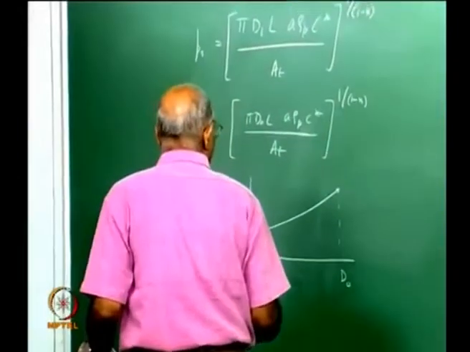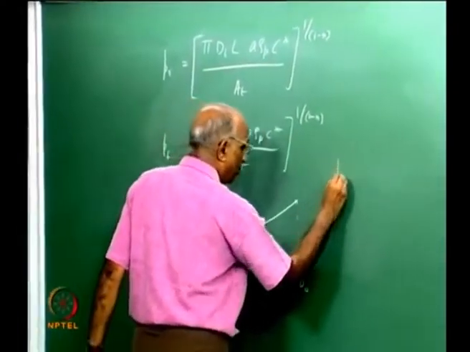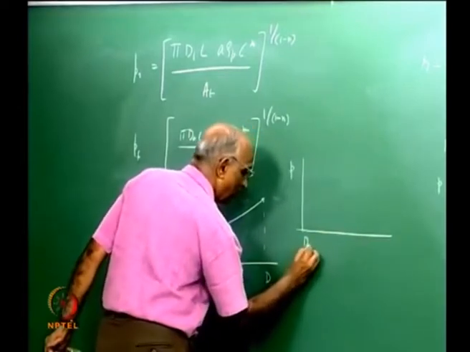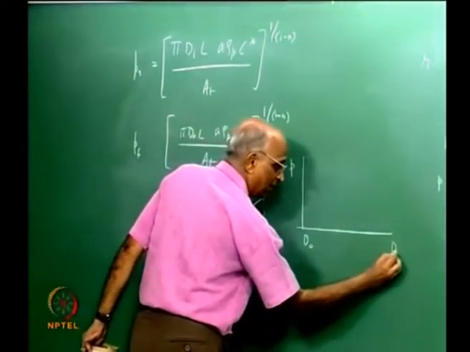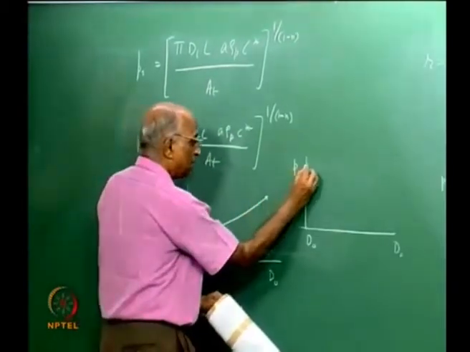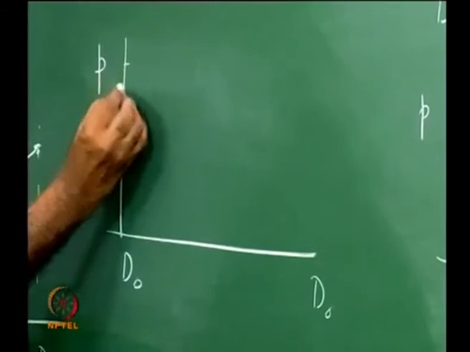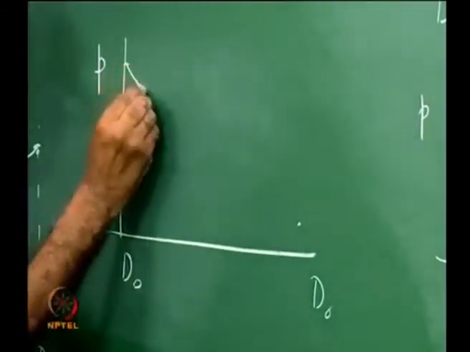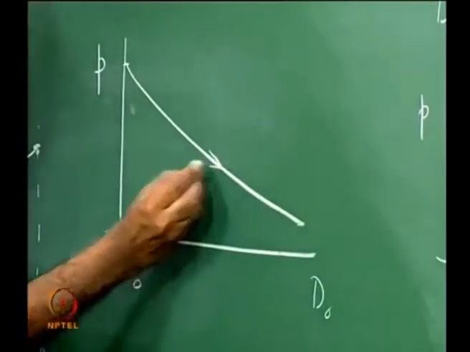I am going to get just the opposite. I am going to get the pressure as a function. Now d_o gets ignited, then gradually the flame comes to the inner part. That means I start with a value of P final, that means the initial value is now higher, and the pressure drops.